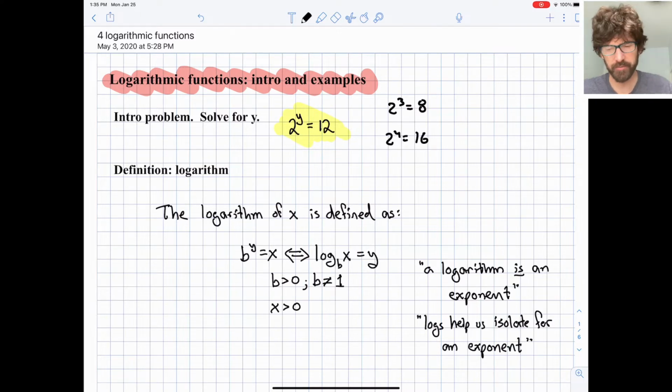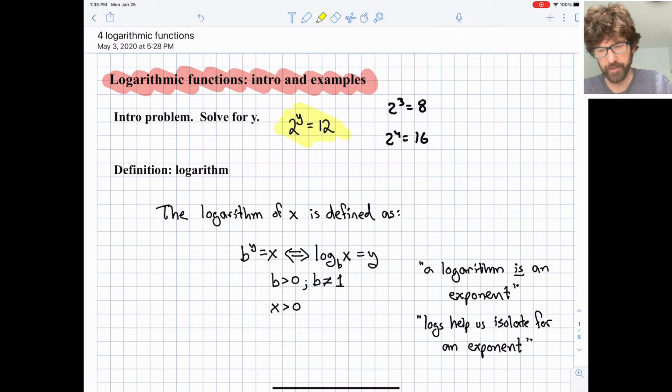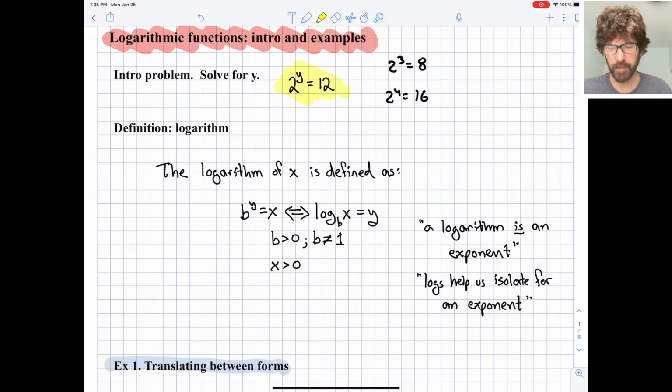And that's what logarithms allow us to do. So I want to give you a definition of logarithms first, and then we'll go back and look at how they can help us solve for an exponent. So the logarithm of x is defined as follows.